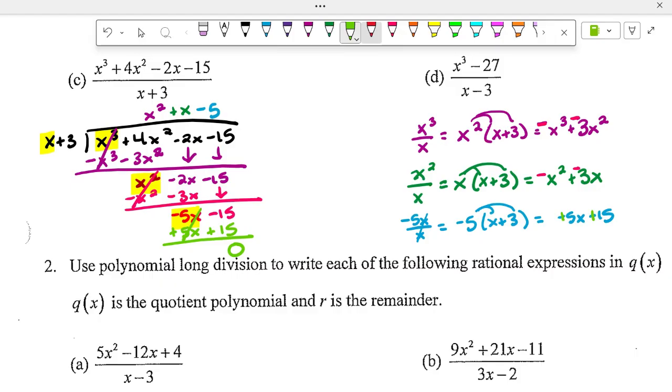So our remainder is 0. So we actually do not need to write that remainder as a fraction. All right, because anything divided into 0 is always what? 0. So there's no point in that. So this right here is our final answer. No, x squared plus x minus 5.